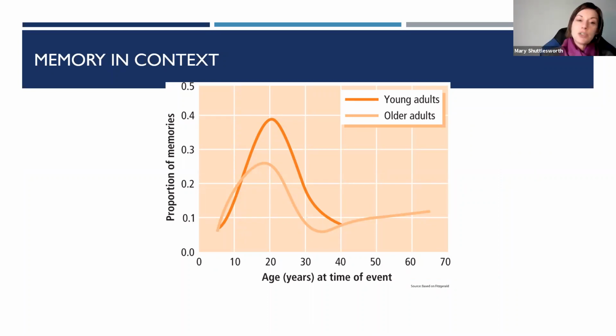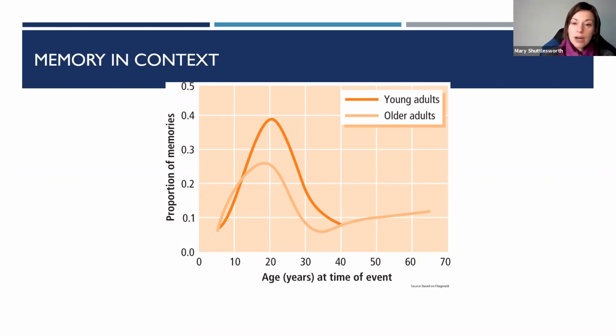So this is essentially showing you older adults versus younger adults. Okay, so the younger adults we see here in the orange line, older adults here in the pinkish line, and looking at the proportion of memories that are recalled between a particular point in the lifespan.